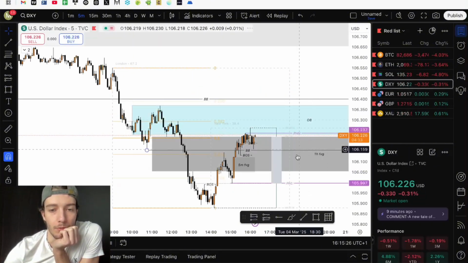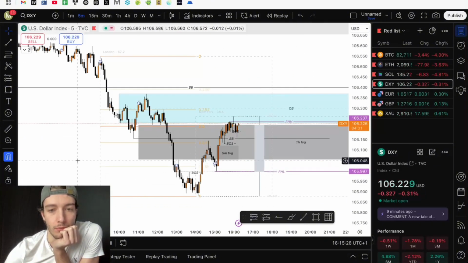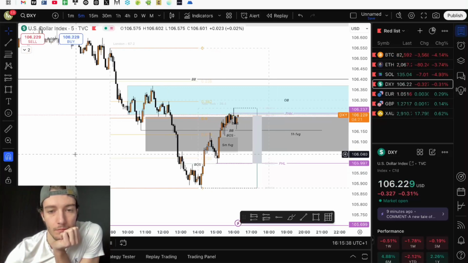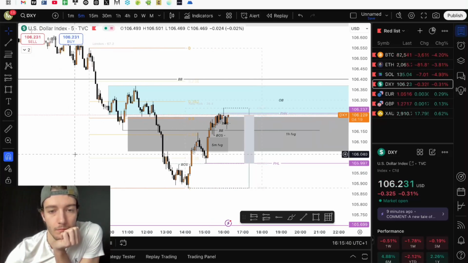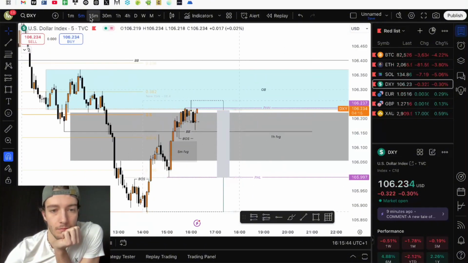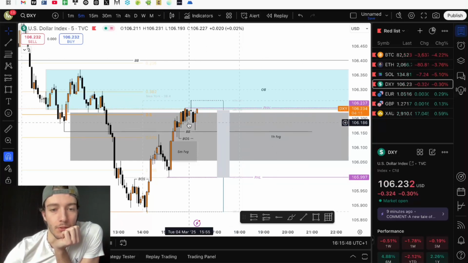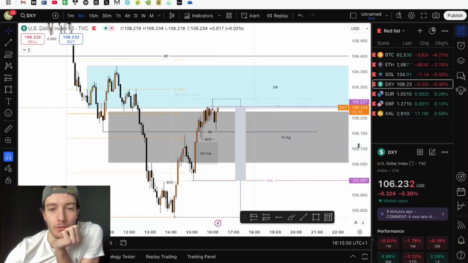Looks like we're gonna move lower on Euro and GU. Dollar wants to move a bit higher. So this wasn't a valid 5-minute break of structure.